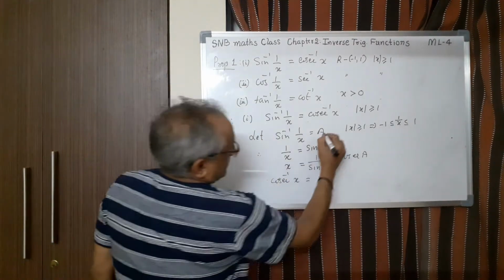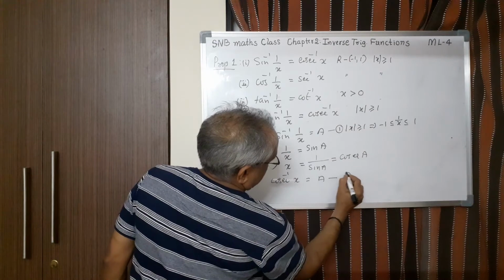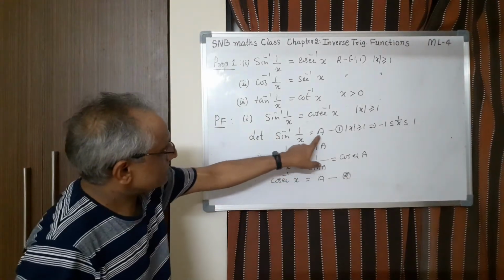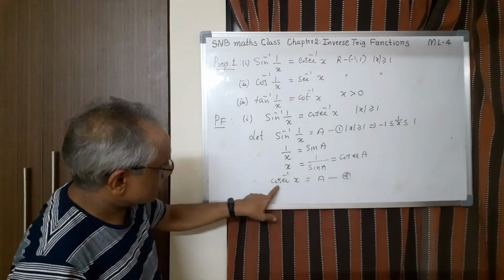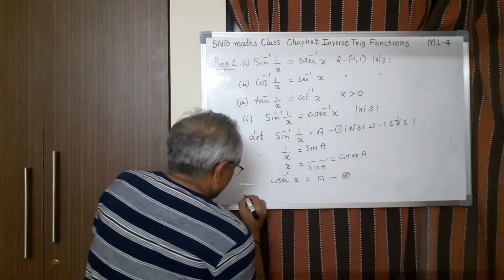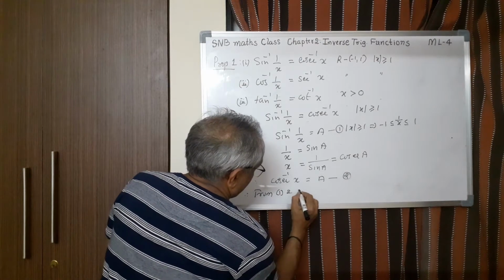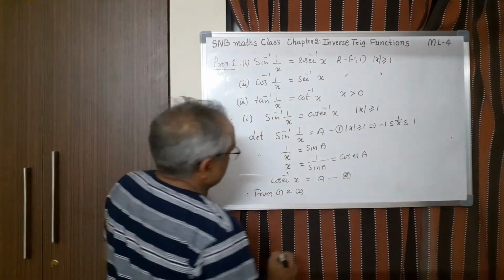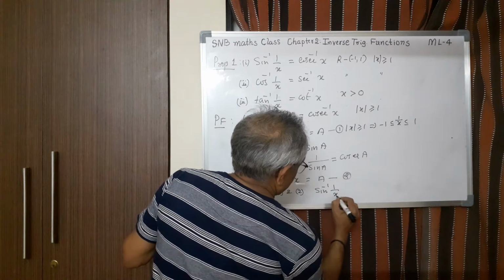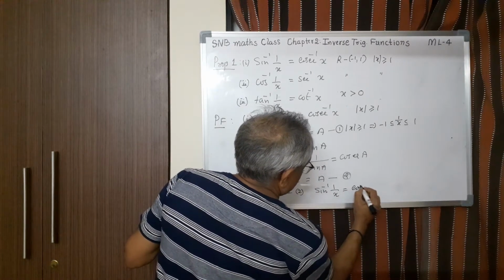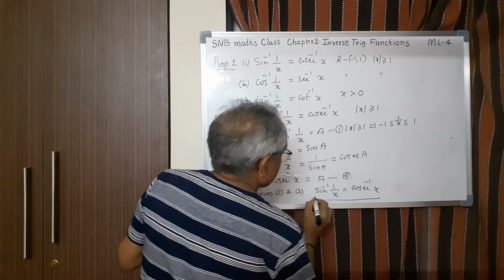So now look here, let us say this is 1, this is 2. a is sin inverse 1 by x, that is also equal to cosecant inverse x. Therefore, from 1 and 2, definitely we can say that sin inverse 1 upon x is the same as cosecant inverse x. So this is the property.